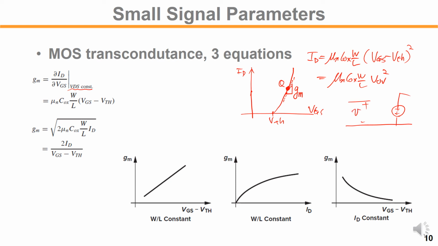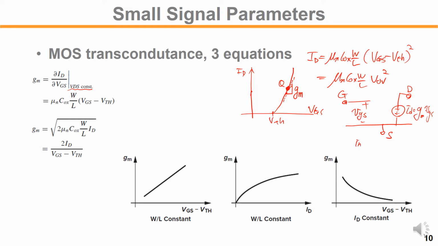Plus minus VGS actually determines the current source ID, and ID equals GM times VGS. This is the drain, this is the source, this is the gate. So at one operating point we can assume that.